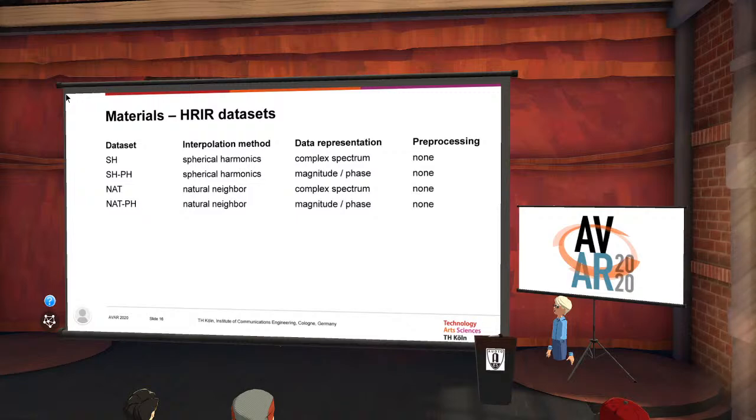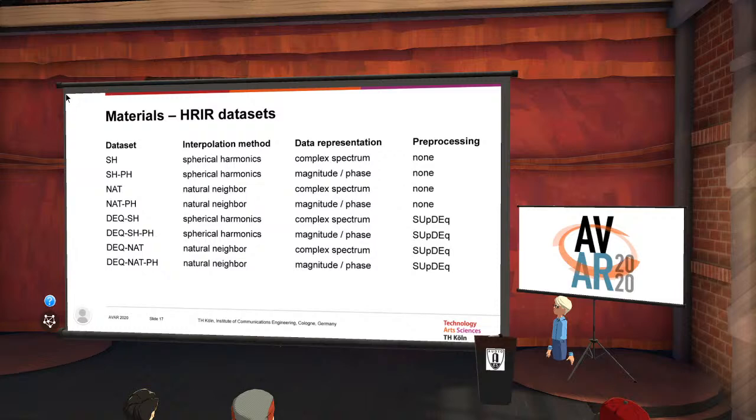So we created test data sets for these 4 spatial grids with different combinations: spherical harmonics or natural neighbor-based interpolation methods, indicated by the abbreviations SH or NAT for natural, and the data representation, either on the complex spectrum or separate for magnitude and phase, indicated by the abbreviation PH.